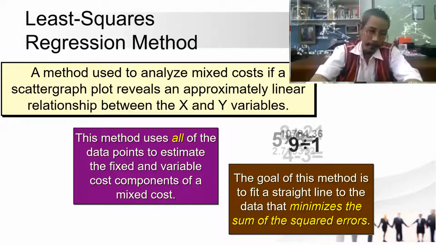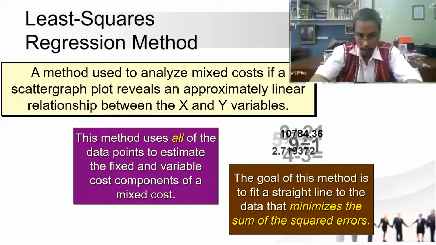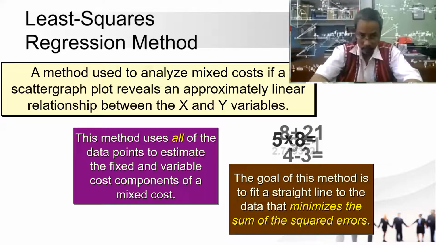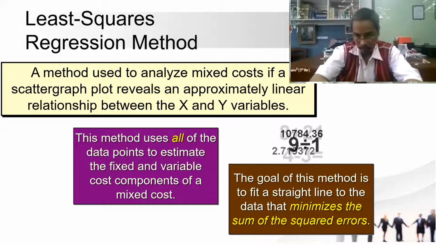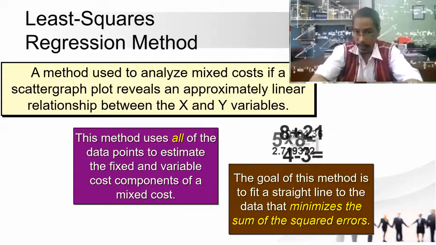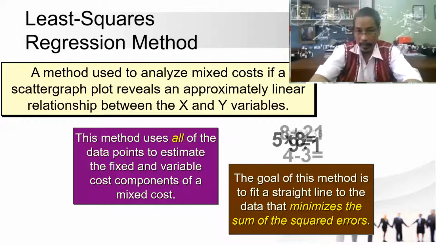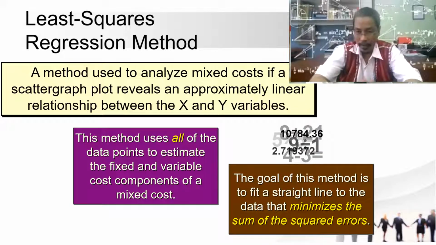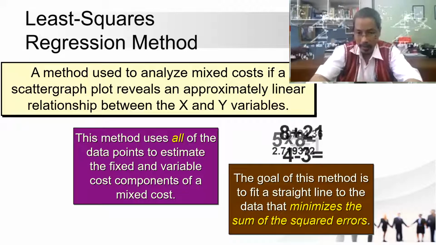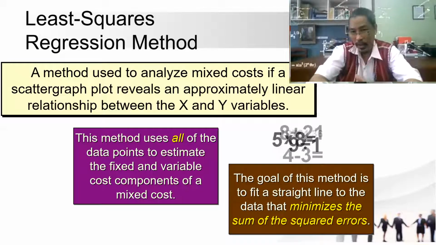If we can observe that the relationship between x and y is almost linear, this method uses all of the data points to estimate the fixed and variable cost components of a mixed cost. It is more rigorous mathematically, but I think this would give us slightly better output. The goal of this method is to fit a straight line to the data that minimizes the sum of squared errors. We want to minimize the errors.